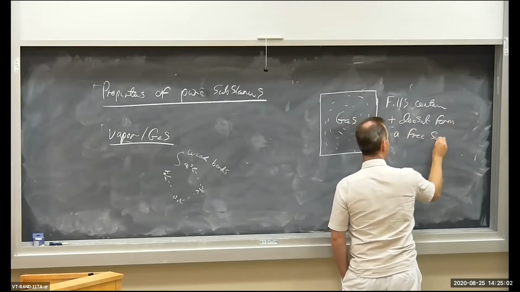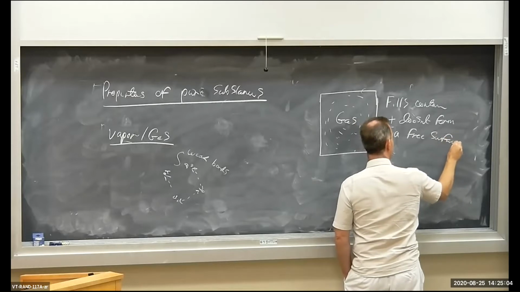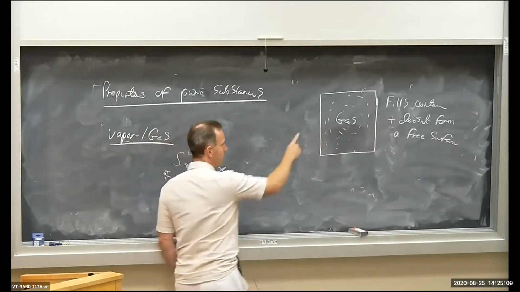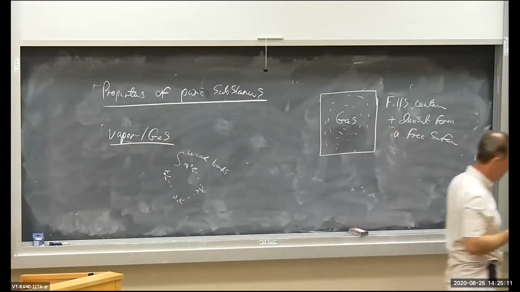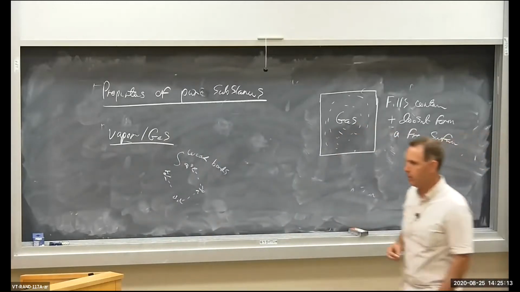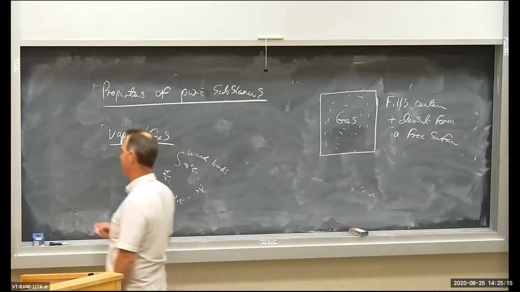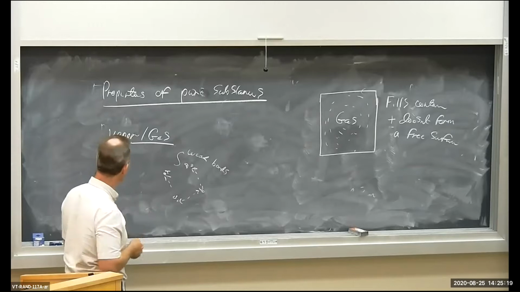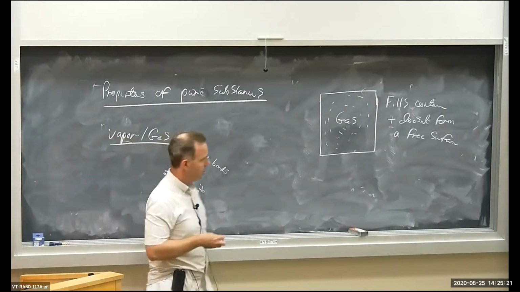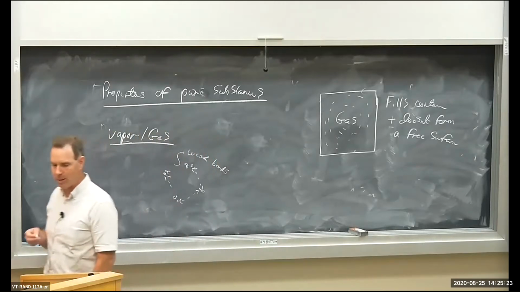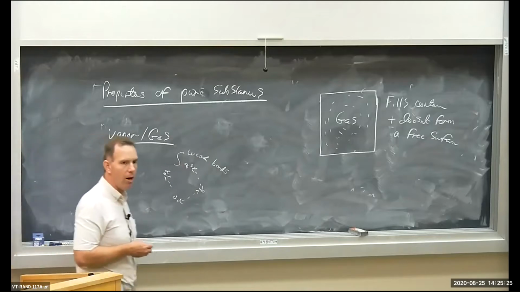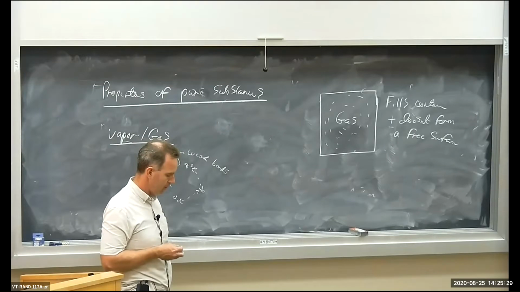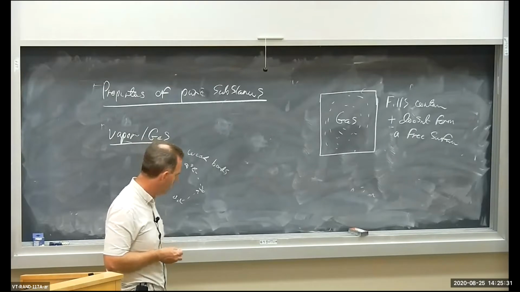It simply fills the container, okay? It conforms to the container. No free surface like we had for a liquid. The liquid forms a free surface as a barrier between itself and everything else, okay? So, vapor, liquid, solid. Three different phases, and all materials exhibit these particular phases depending on their temperature and pressure, okay? Depending on temperature and pressure.